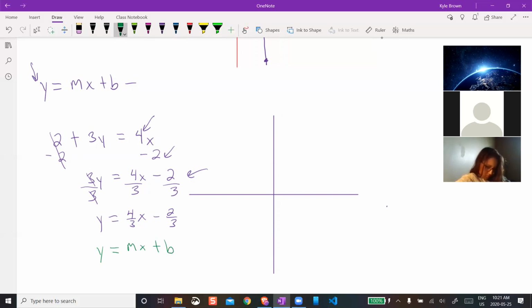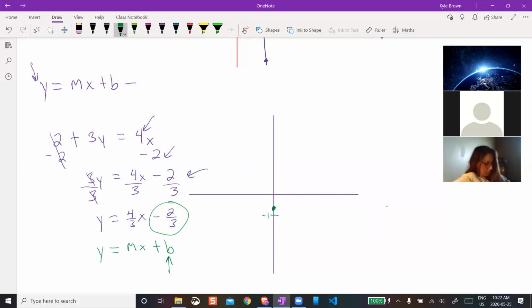Where b is my y-intercept. So this is saying my y-intercept is -2/3. So remember, 3/3 would be -1, right? So I'm not quite at -1. So if this was -1 right there, I'm 2/3 of the way to -1. So that's where I'm crossing.